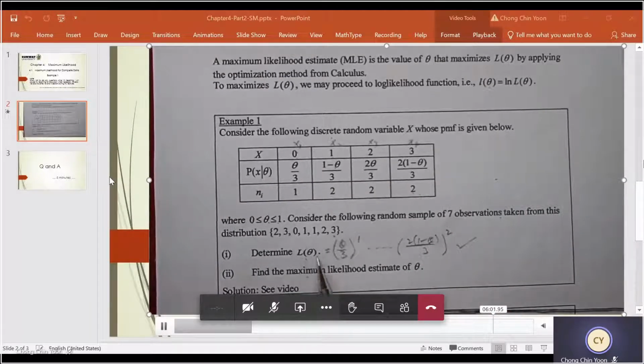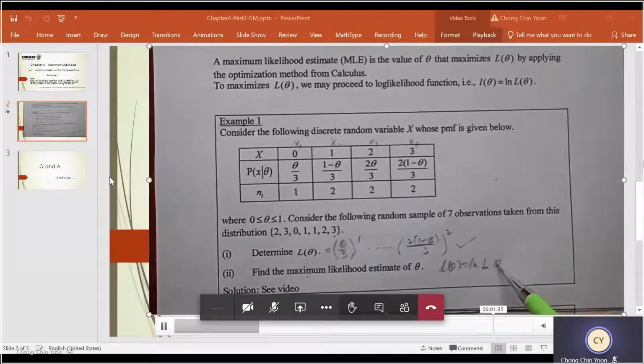From this likelihood function, we take the log likelihood. Next, we differentiate to the first order and also the second order. When the slope equals 0, we can find theta, and we test in the second order that this is always negative. Then this problem is solved.